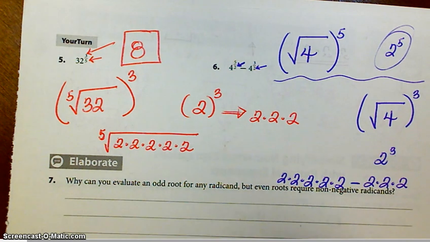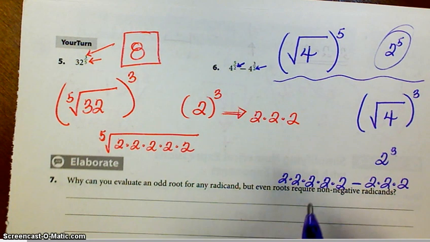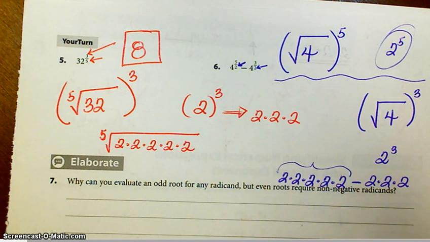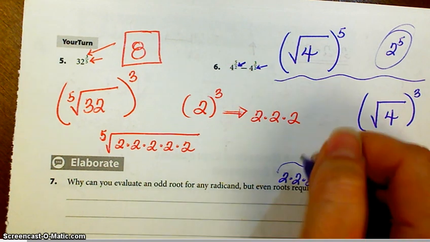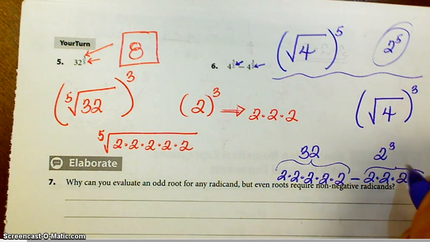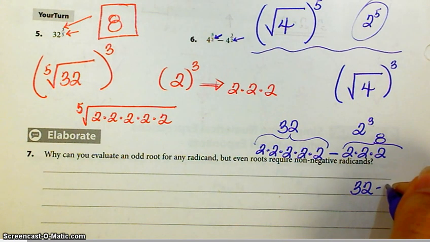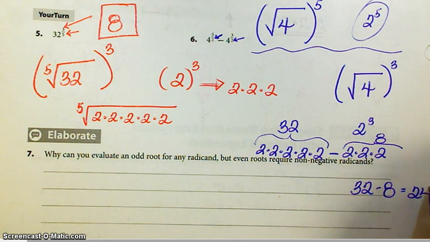Order of operations, remember, you multiply and divide before you add and subtract. So 2 times 2 times 2 times 2 times 2 is 32, and 2 times 2 times 2 is 8. And so you get 32 minus 8. And your answer is 24.